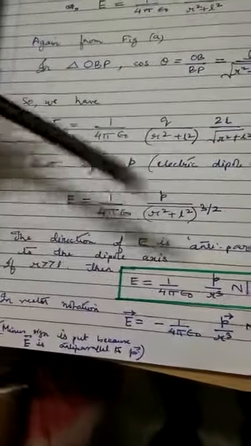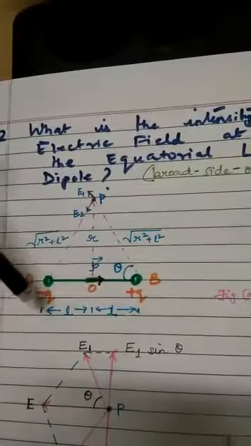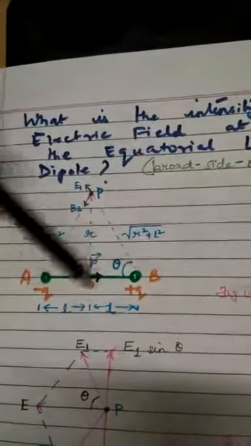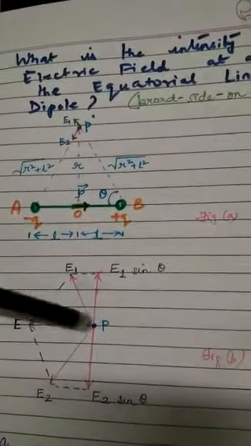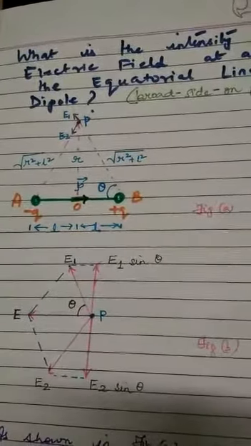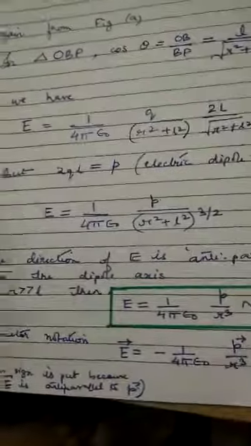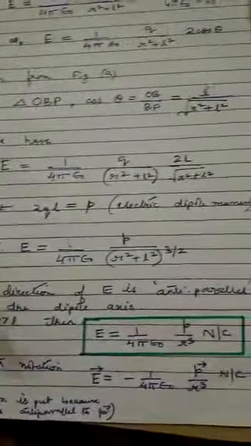The direction of E is anti-parallel to the dipole axis. So again we come back to this diagram. Direction of dipole moment is always from negative charge to positive charge, this direction. But where is your direction of E? Opposite direction. So anti-parallel. So direction of E is anti-parallel to the dipole axis.